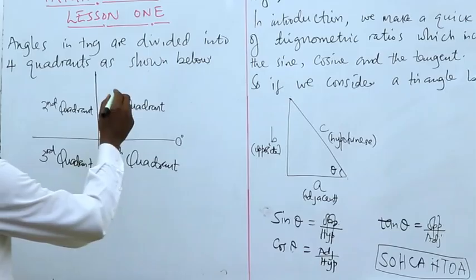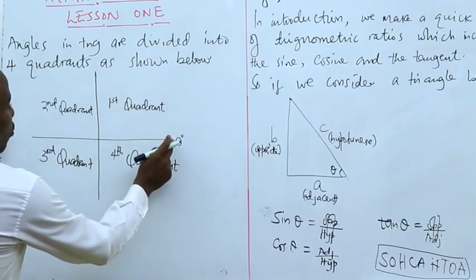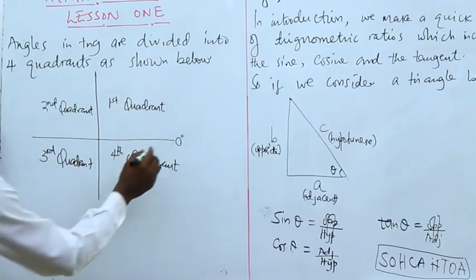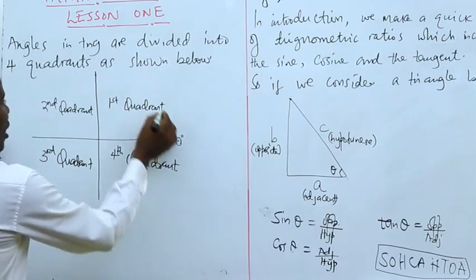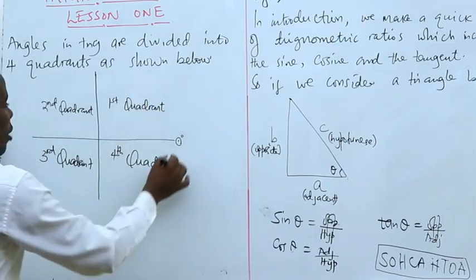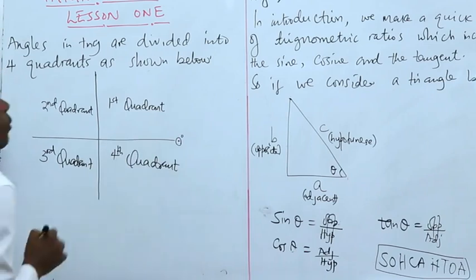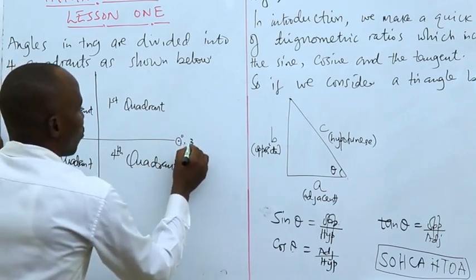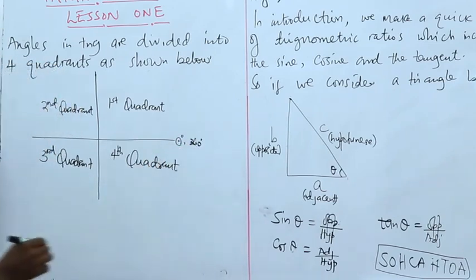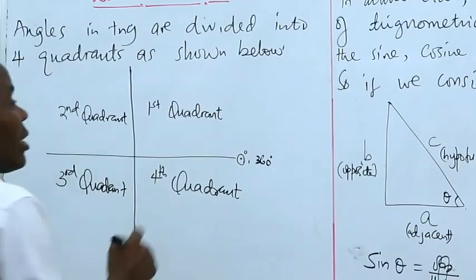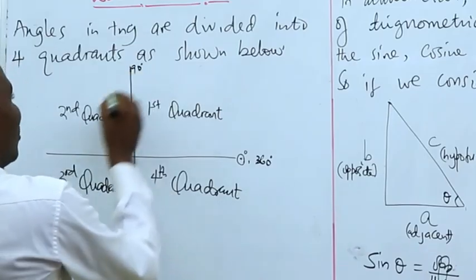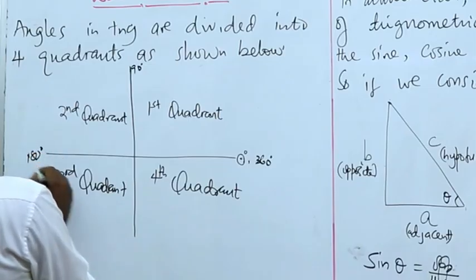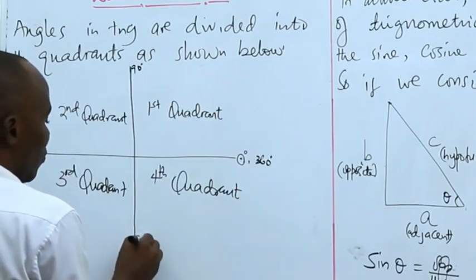One thing I want to emphasize: in the first revolution, if I move from here, rotate and come back where I started from, I will have completed a full revolution, or a complete turn, that is 360 degrees. This is 90, this is 180, and this is 270 degrees.